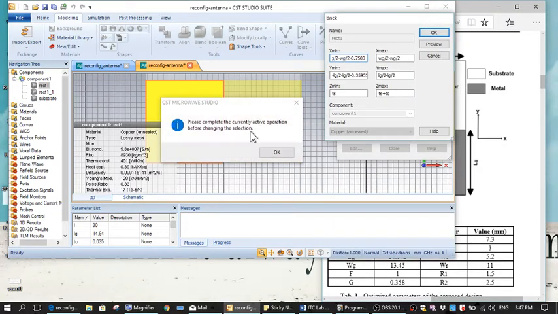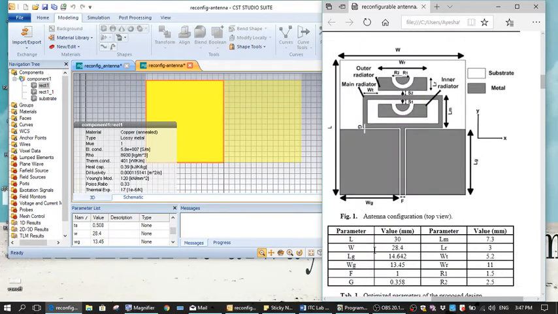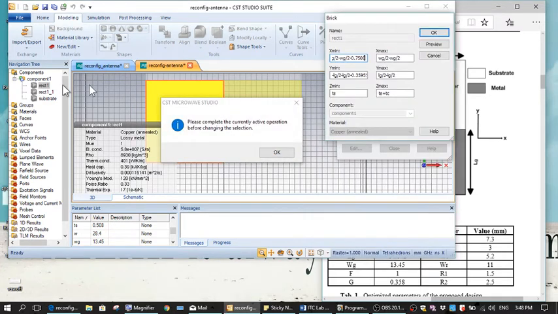Let's take a look at the dimensions of substrate. L is 30 and W is 28.4. So they are also correct. Then what is the problem? Okay, whatever the problem is, we can fix that.